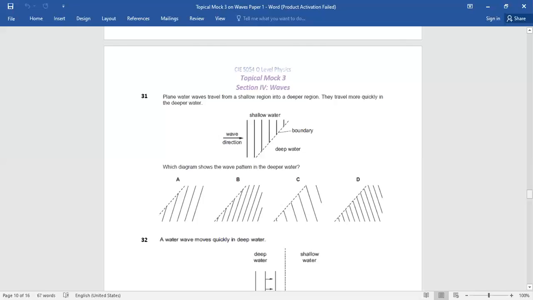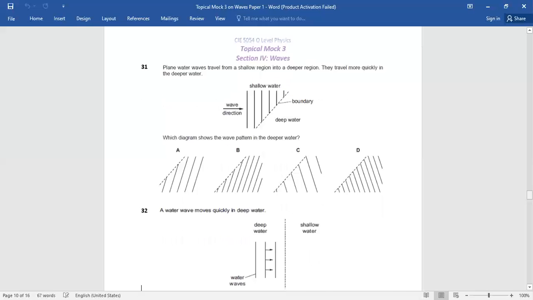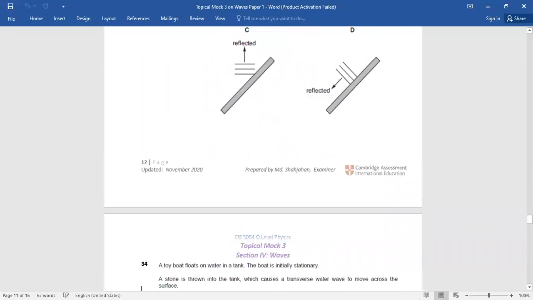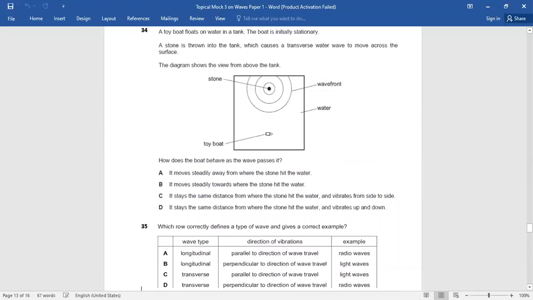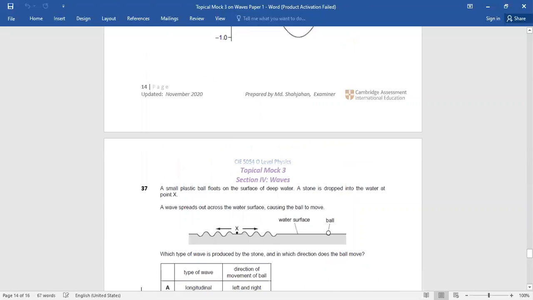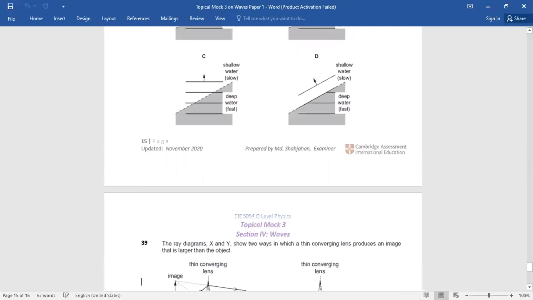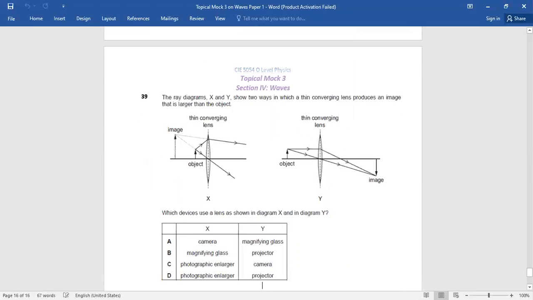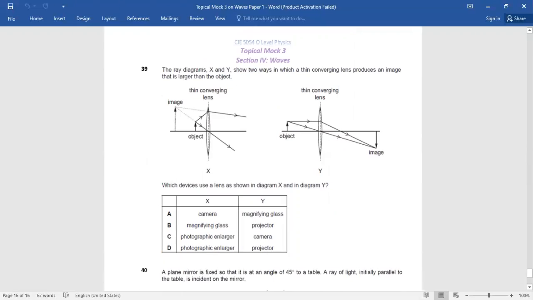After that, I have 39 and 40. Question 39. X is giving you a virtual image, magnifying glass.